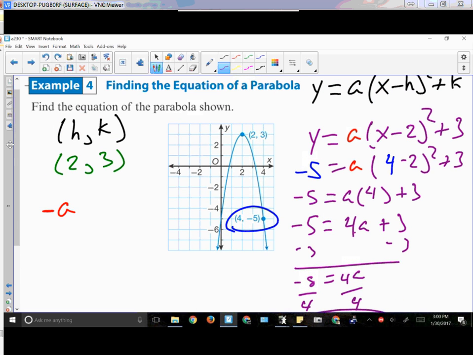But when you are working with this stuff, make sure that you do exactly what is here. Identify your H, identify your K. Then find another point, plug it all into the equation, and solve for A.